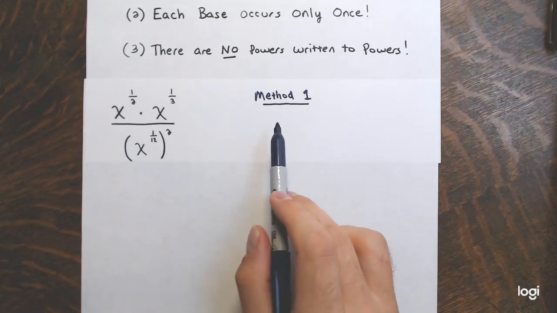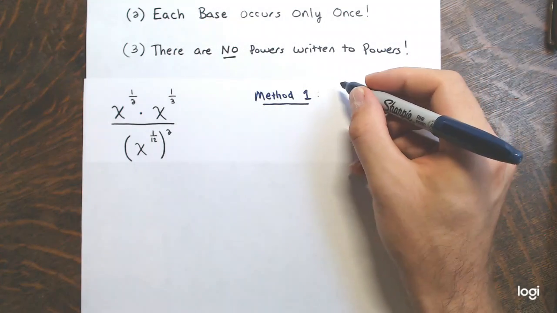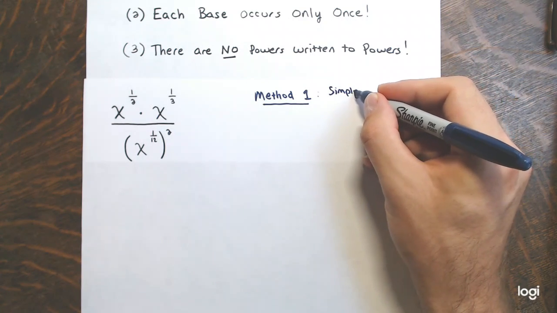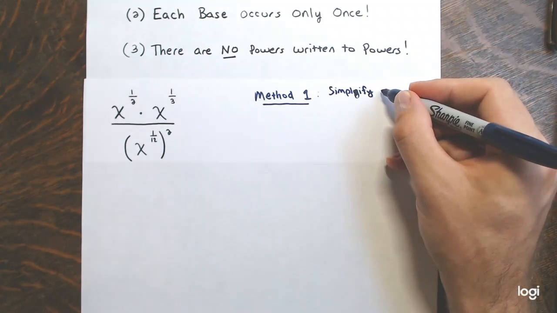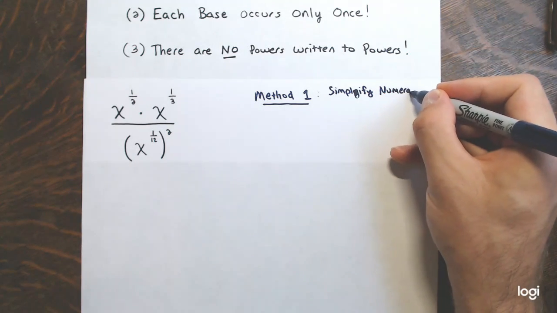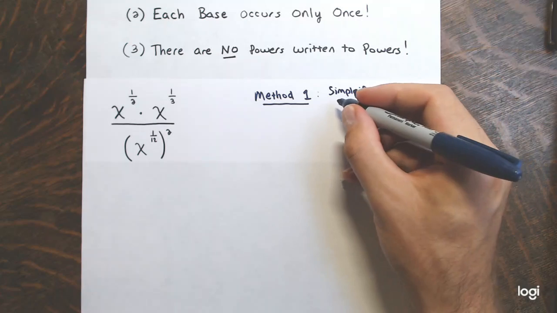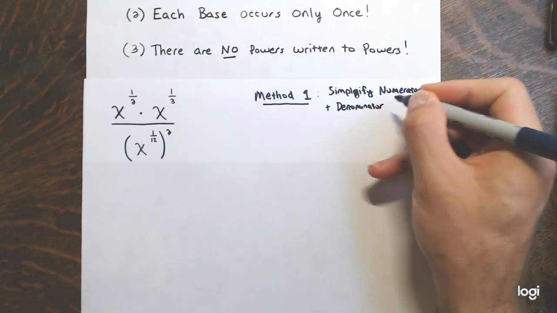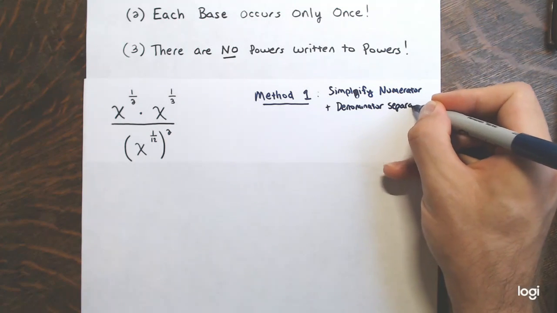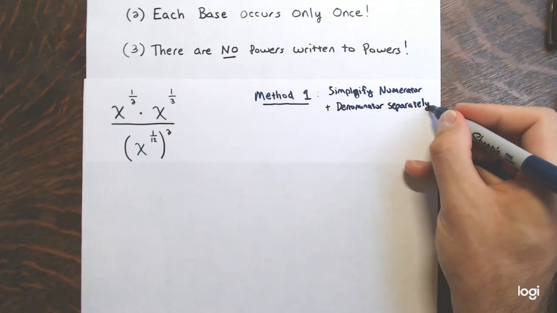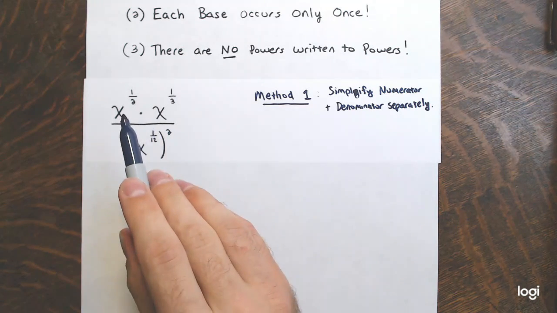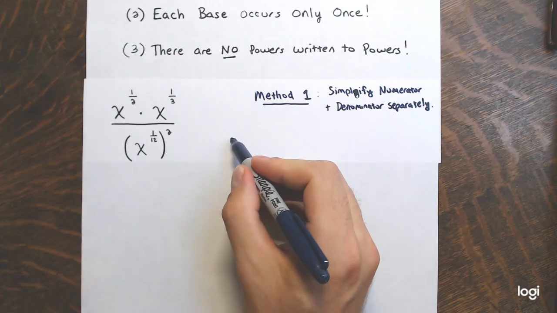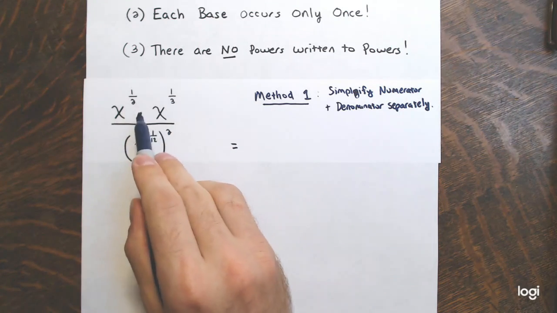All right, so the first way, and this is the way I typically work with fractions, is I simplify the numerator and denominator separately, and then do the whole thing. So in the numerator, above the big bar here, we have x to the 1/2 times x to the 1/3.